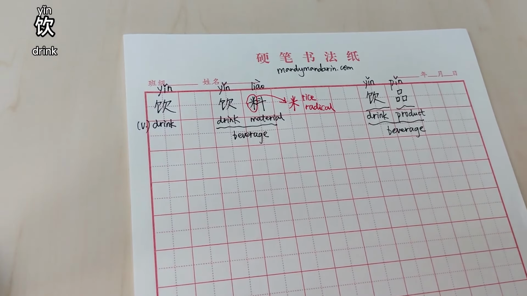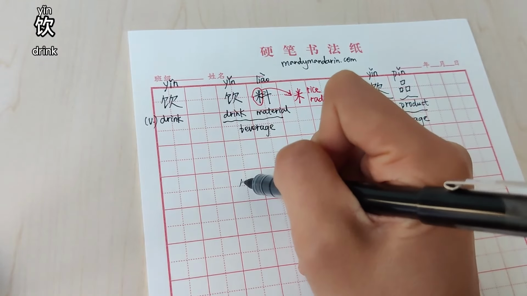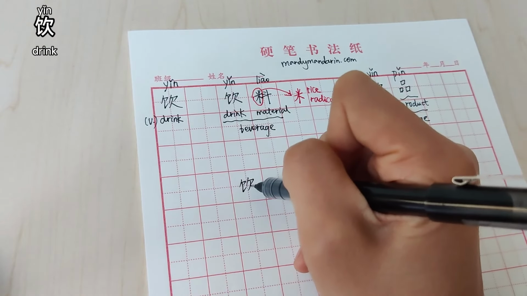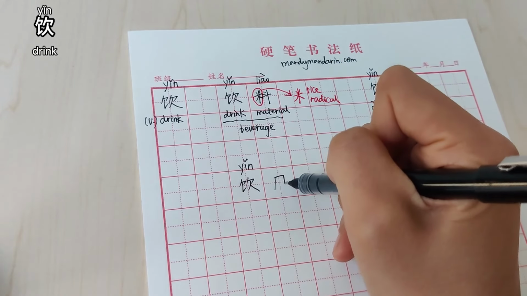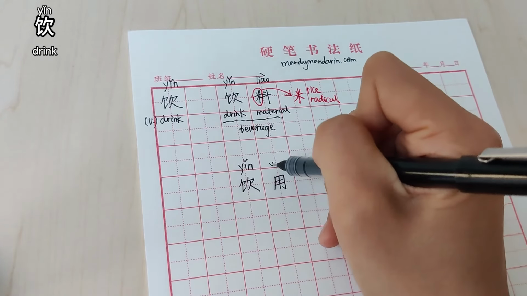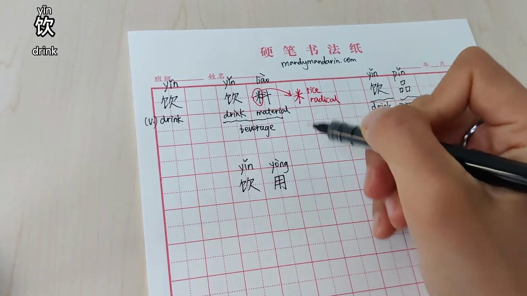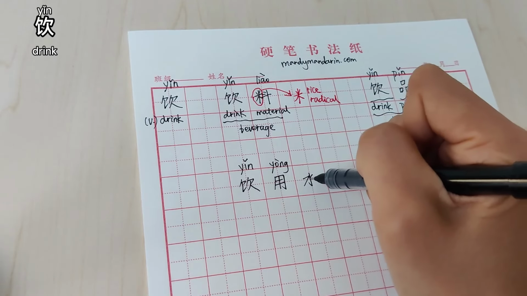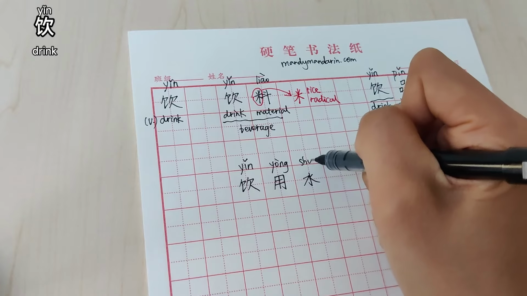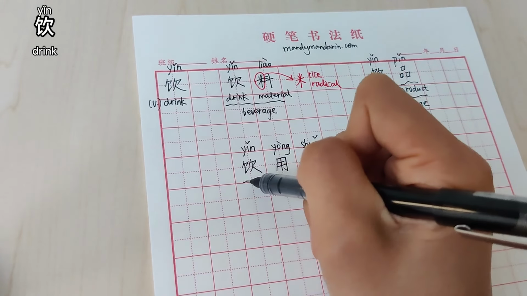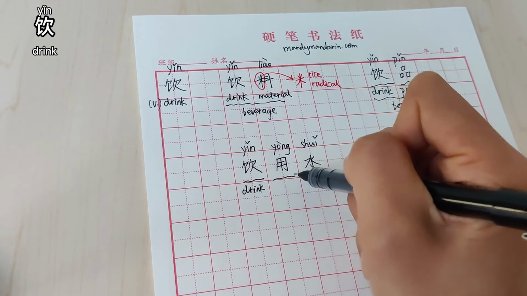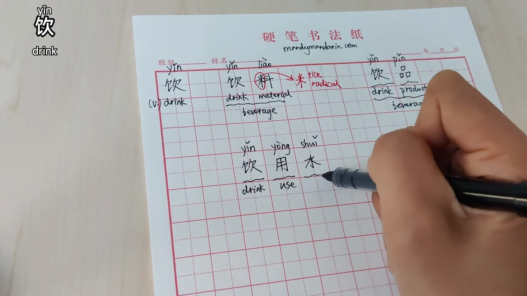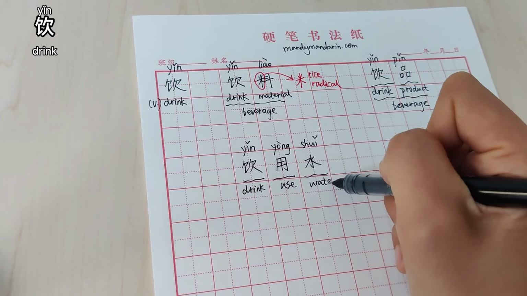Next example, we can also say 饮用水. Yin is to drink. 用 is the use. 水 is the water.